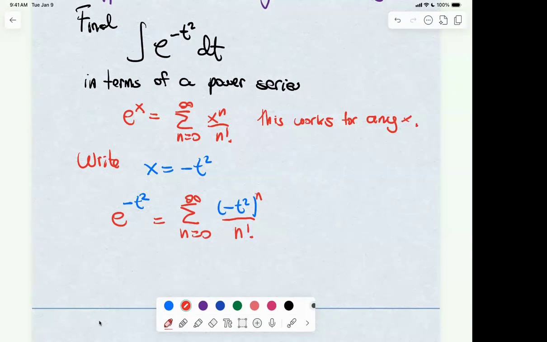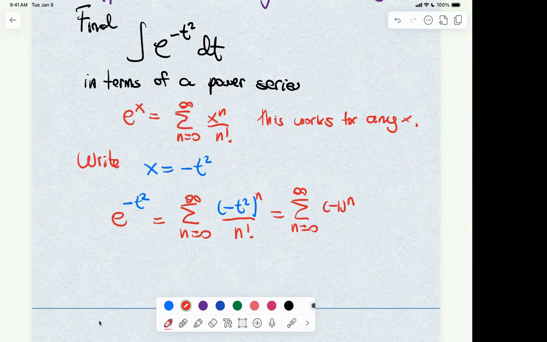So this would become negative one to the n, and t squared to the n is t to the 2n, divided by n factorial.